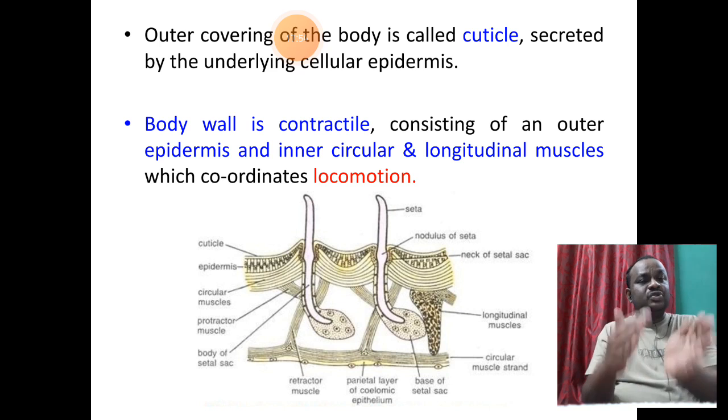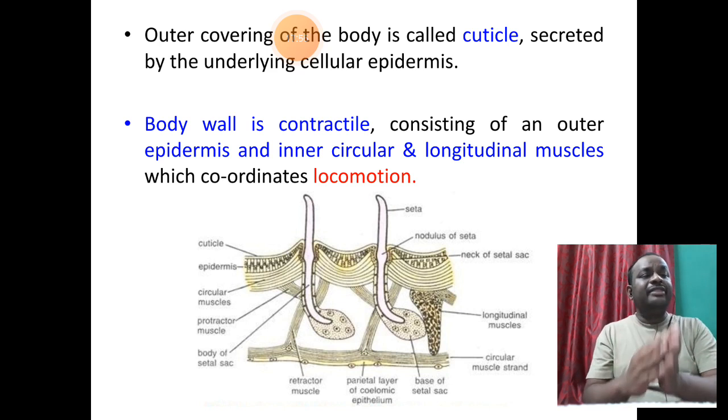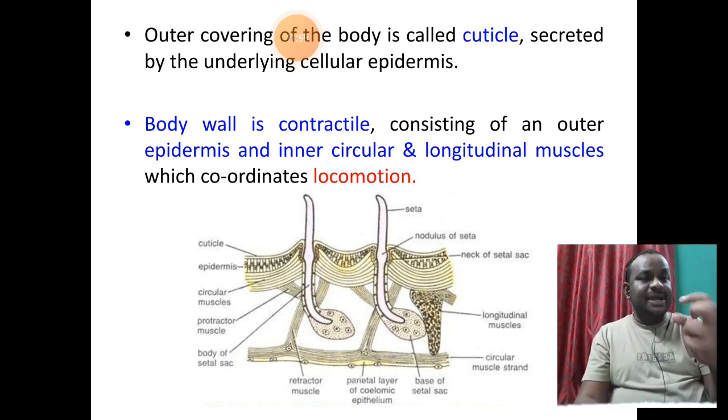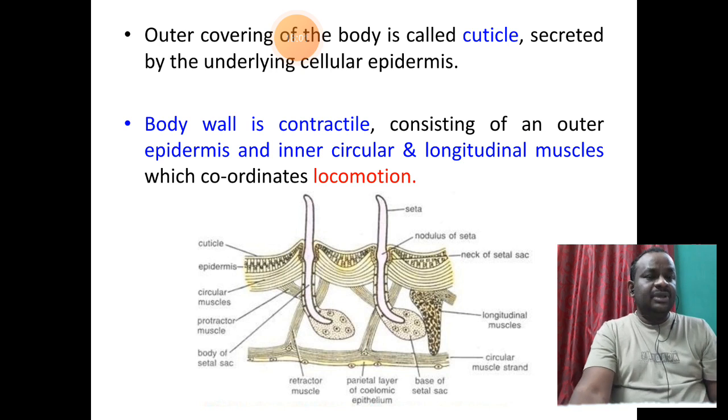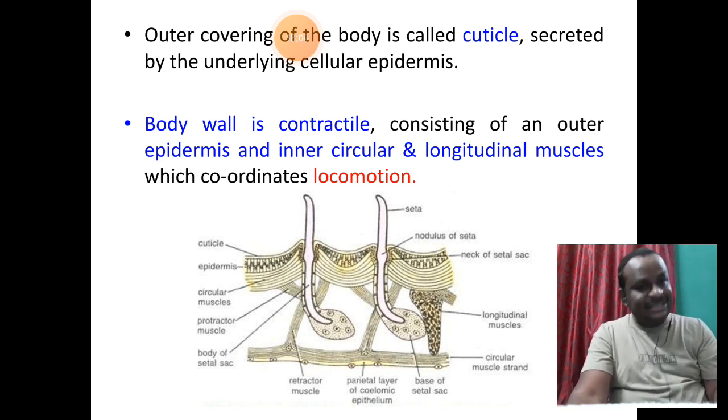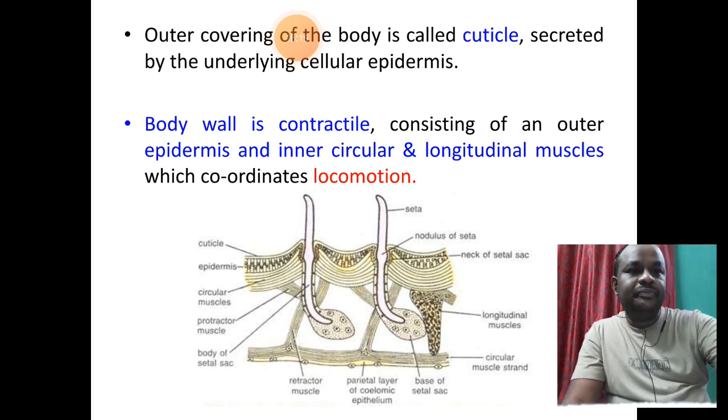All these structures are involved in the contractile condition, which helps in the process of locomotion. So, muscles along with the epidermis form the body wall, and the body wall coordinates in the process of locomotion.